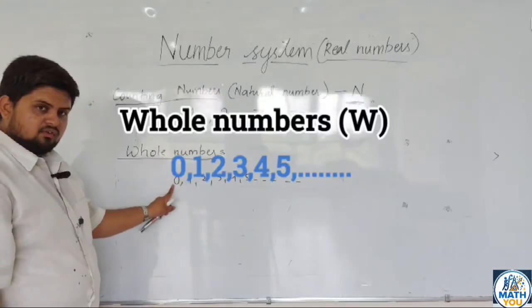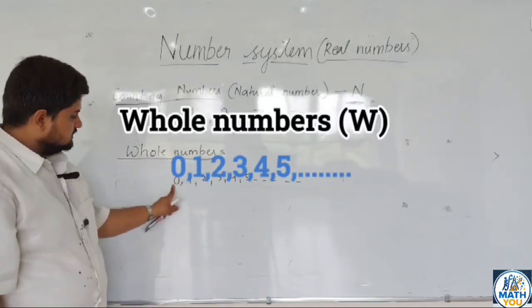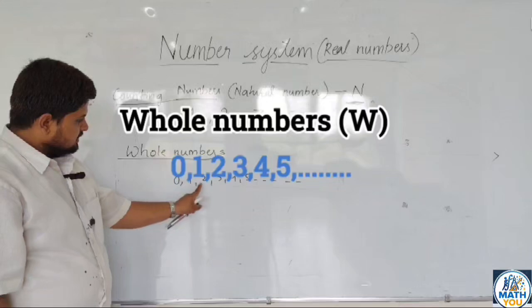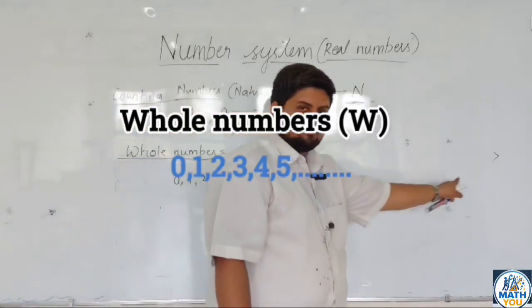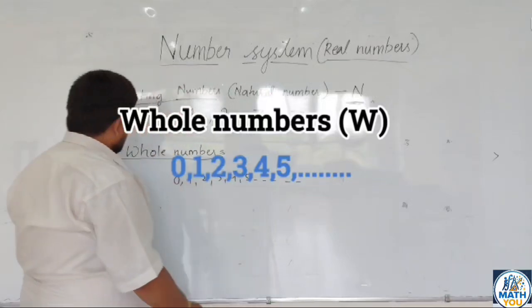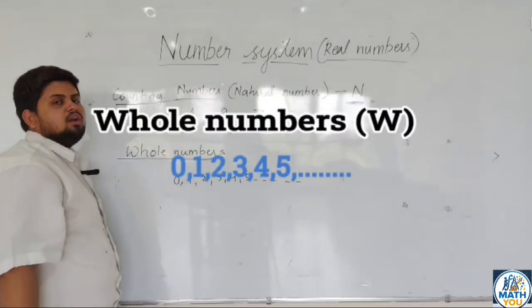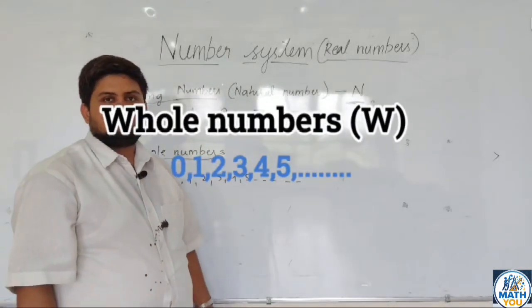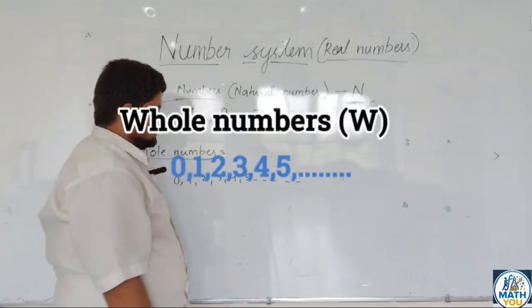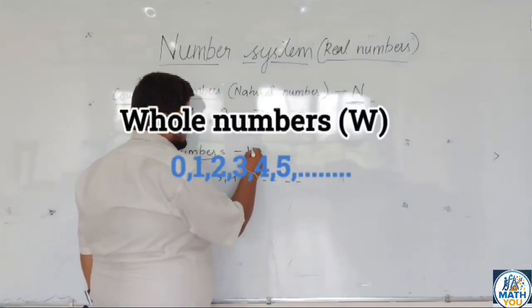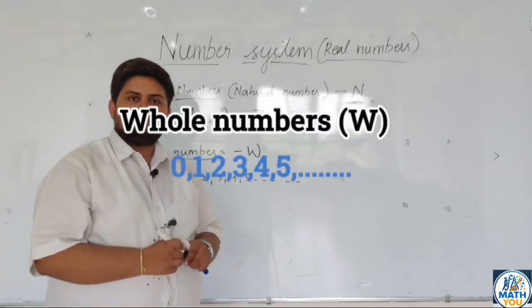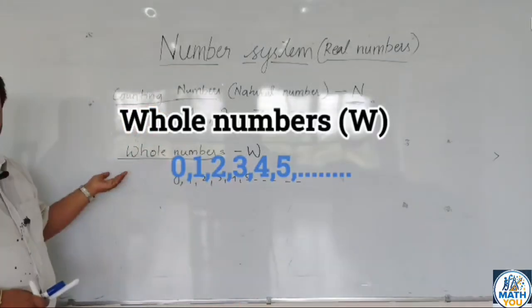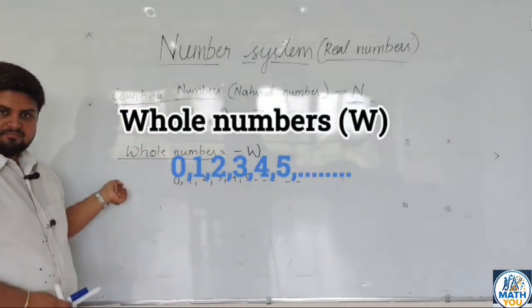So they made a set of numbers that is 0, 1, 2, 3, 4, 5, 6, 7, 8 up to infinity, and they called this set of numbers whole numbers. It is represented by the symbol W. Then why are these numbers called whole numbers?